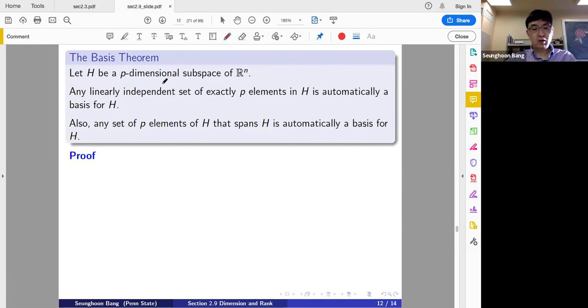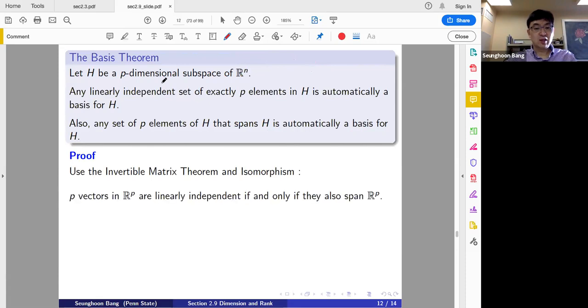The proof is very difficult, so we can use the invertible matrix theorem and the isomorphism. We haven't learned isomorphism, so only accept this result. So why is this true?